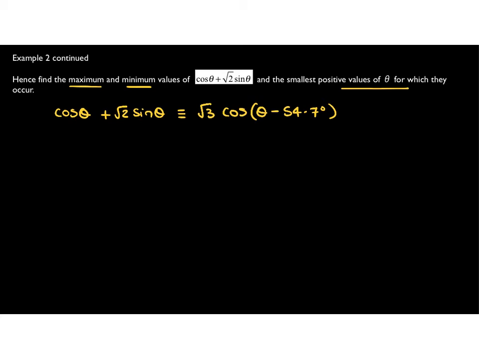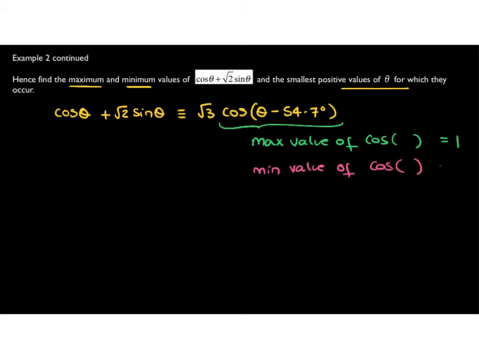Now let's think about the cosine function. The maximum value of cos of anything is equal to 1, and the minimum value of cos of anything is equal to -1.